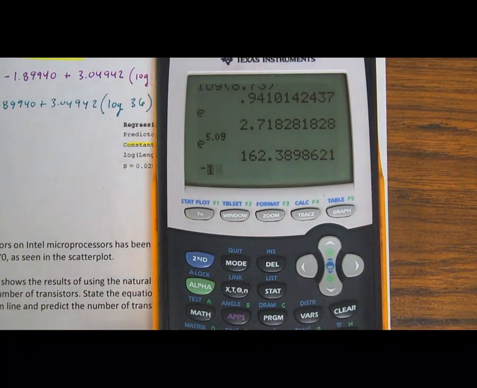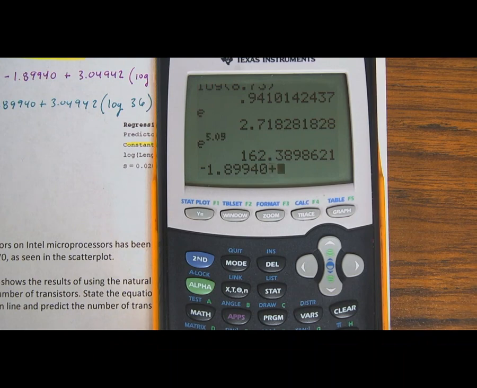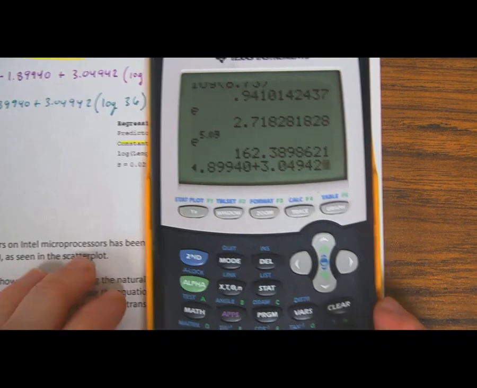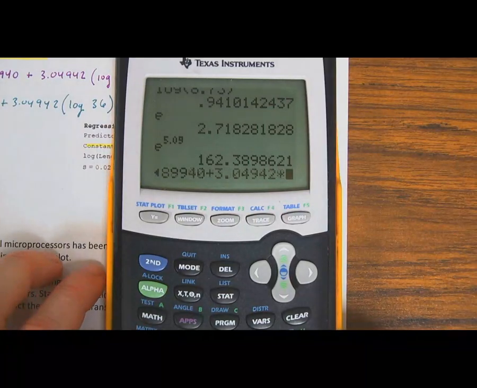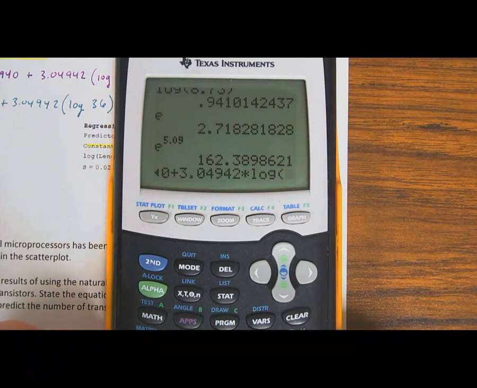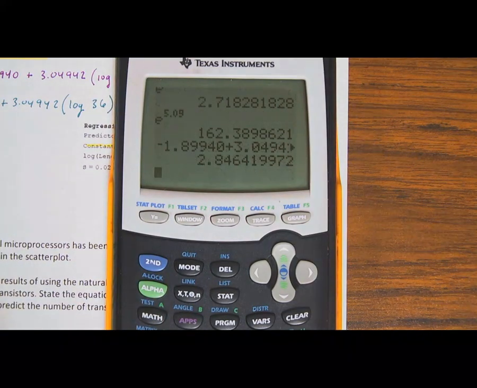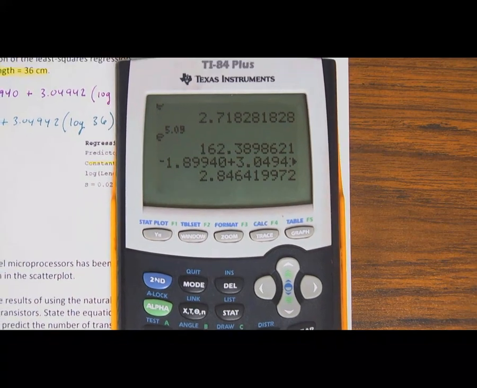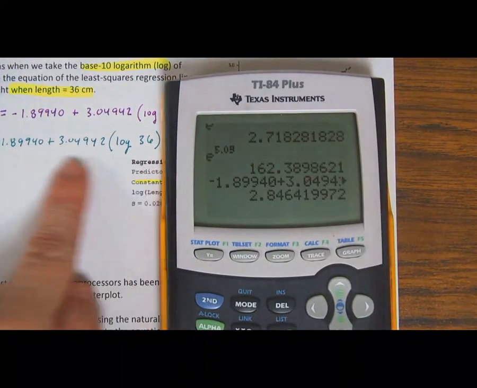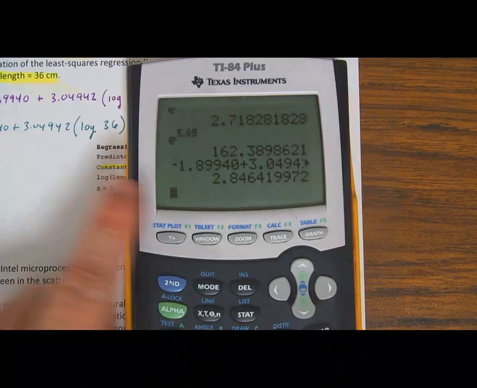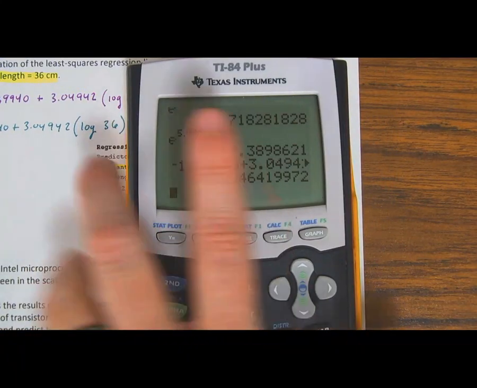Let's do negative 1.89940 plus 3.04942 times the log of 36. So all that craziness over there shrinks down to 2.846.